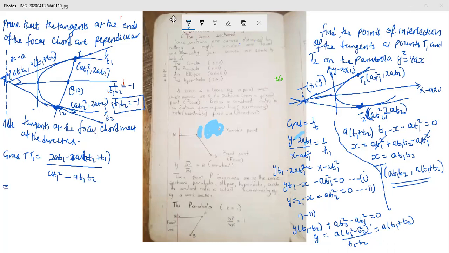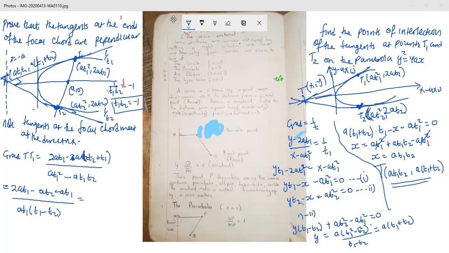This will simplify to (2a t1 minus a t1 minus a t2) over a t1 into (t1 minus t2).